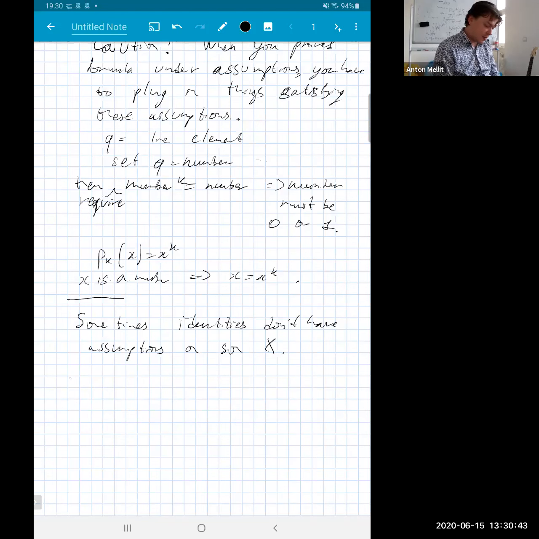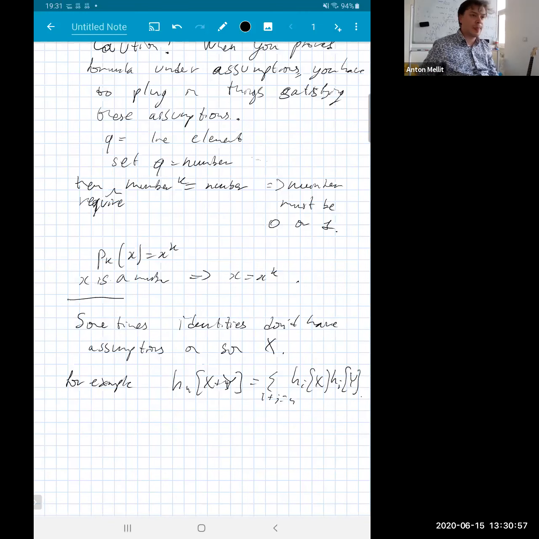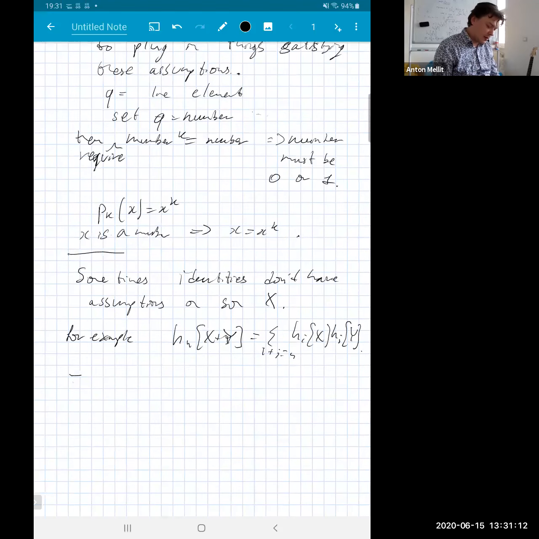So for example, Hn of x plus y equals the sum over i plus j equals n of Hi of x, Hj of y. Okay, so this is an identity which is just universal. You can plug any x in any lambda ring and any y in any lambda ring, and then you're fine. I just wanted to fix this issue because people still get confused about what it means to have an identity and then substitute something in it.